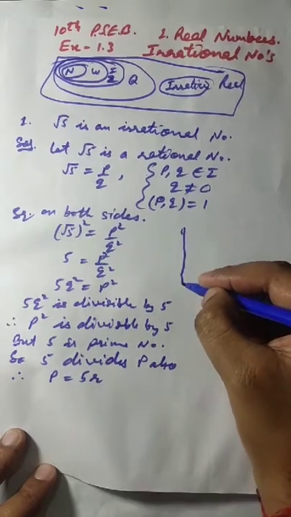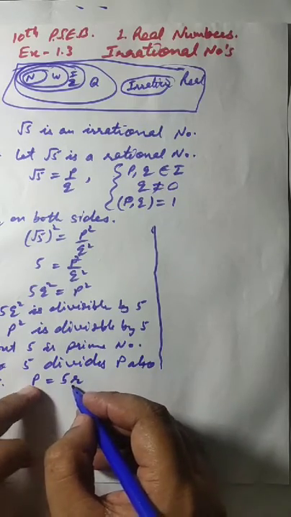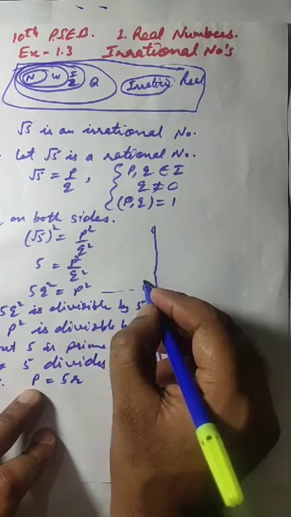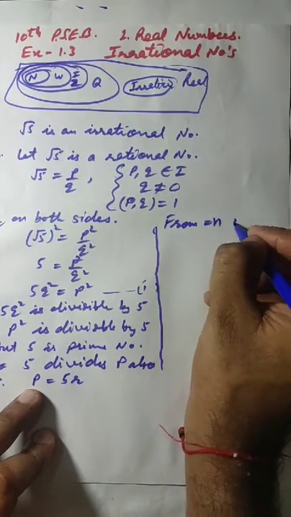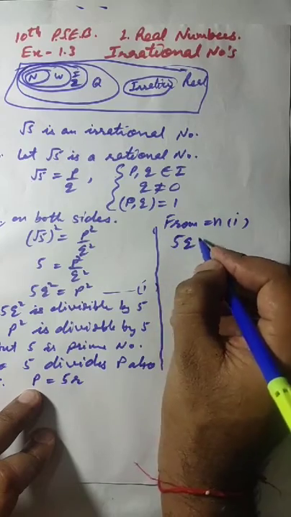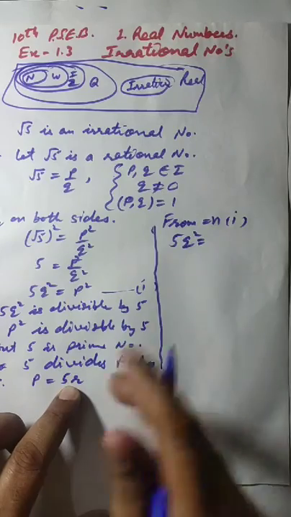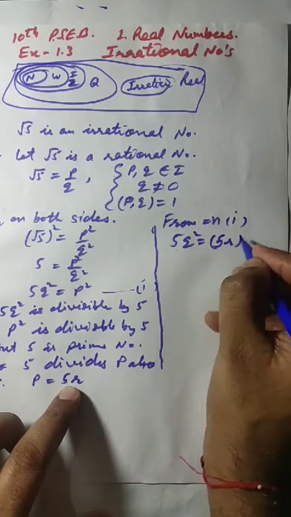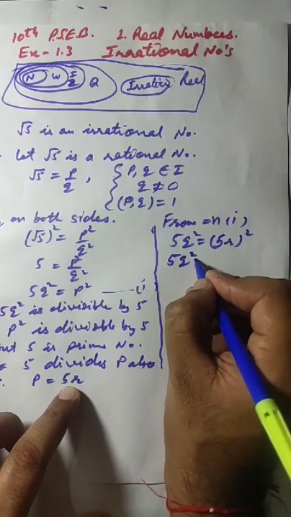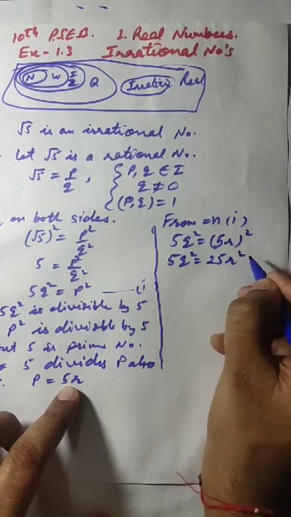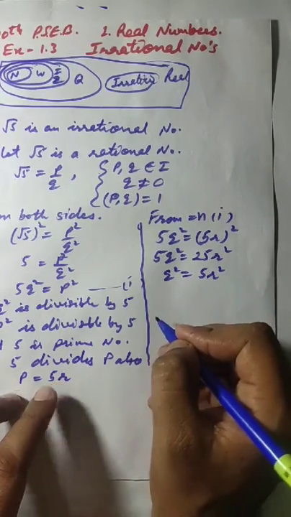We repeat the process again by substituting the value of p in equation 1. From equation 1, 5q squared is equal to, substituting the value of p as 5r, we take the square of the whole, it will become 25r squared. After solving, we'll get 5r squared.